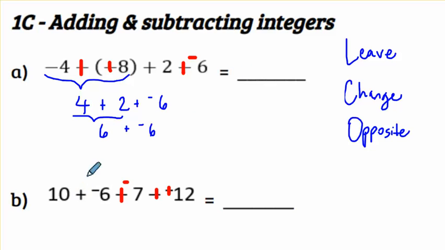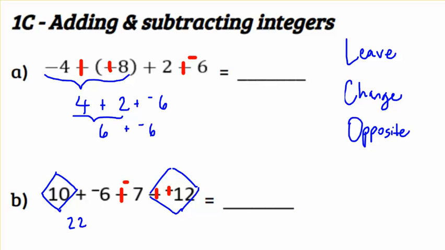Okay, coming down here, let's take a different tactic just to practice that skill and group the things that go together, okay? So I'm going to group my +10 and my +12 because they are like signs. They are the same sign, and that's easy because I can add them. 10 plus 12 is 22.